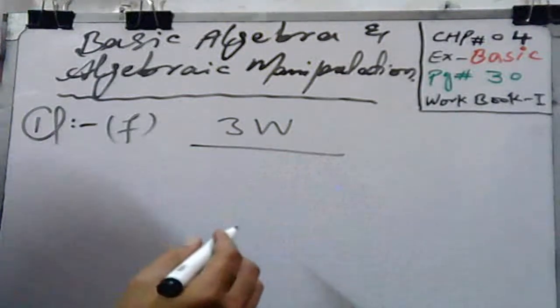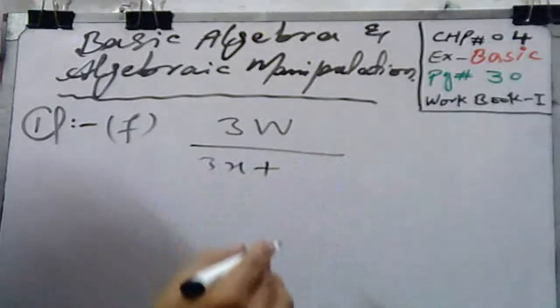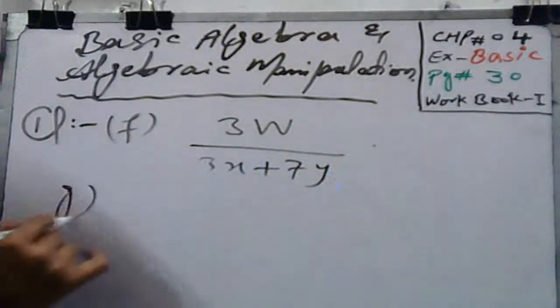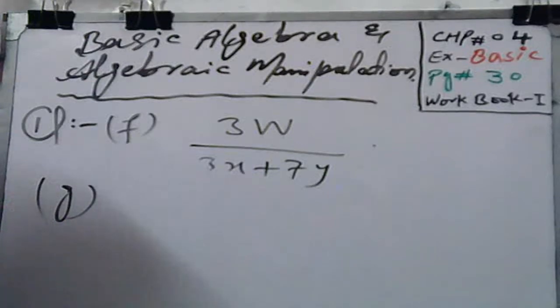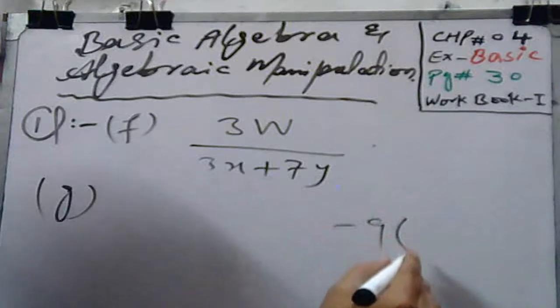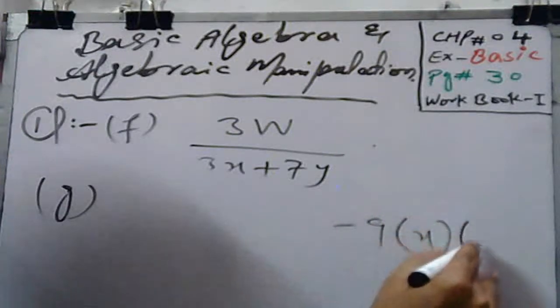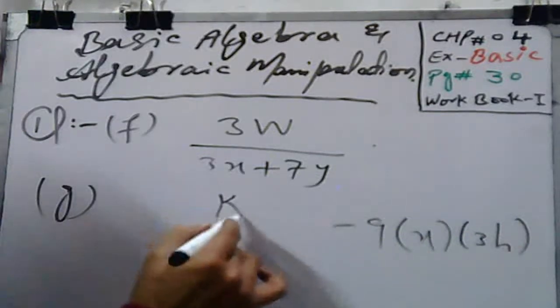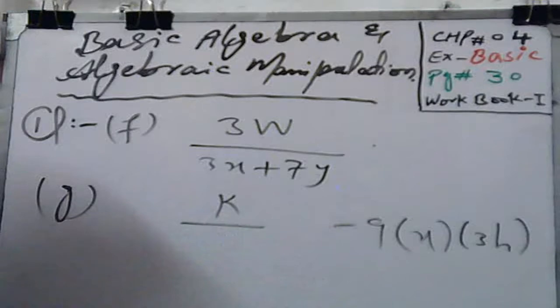Similarly, in G part, subtract 9 times the x and 3h from k, which is divided by 2y. So that is your algebraic manipulation or algebraic expression, you can see.